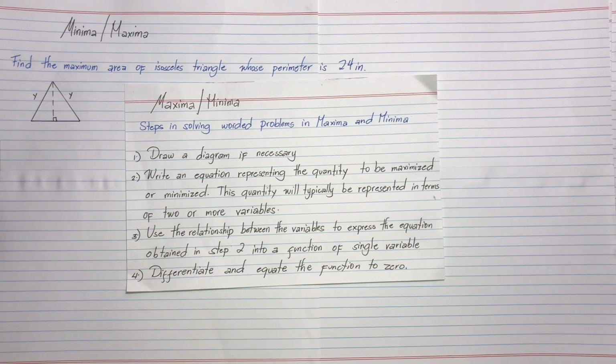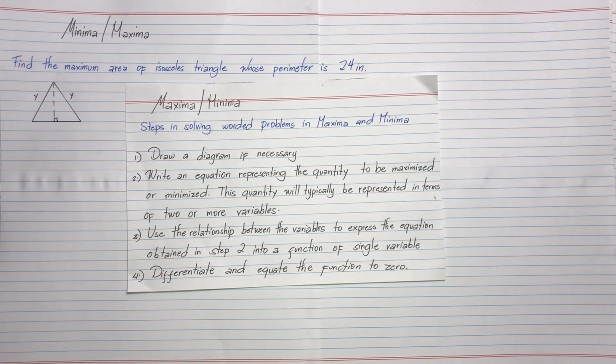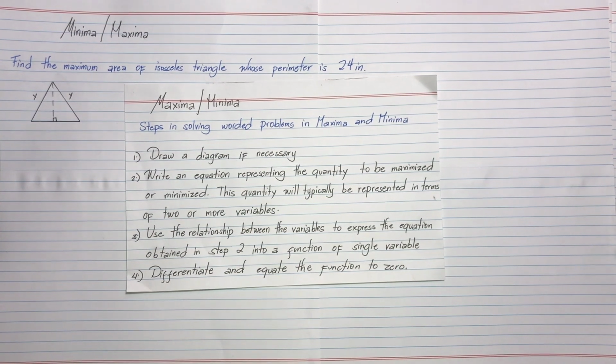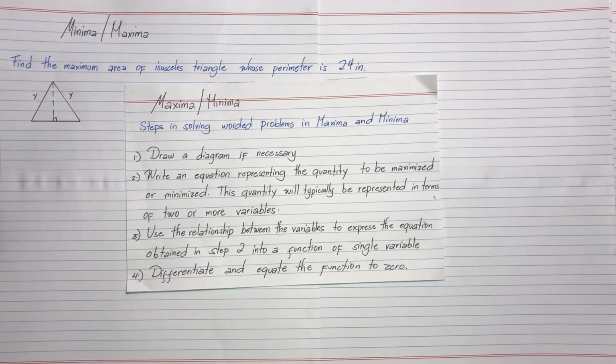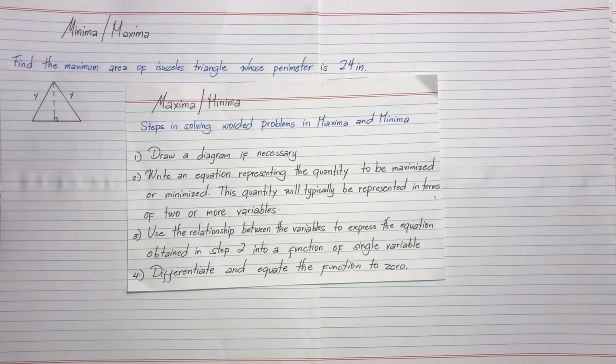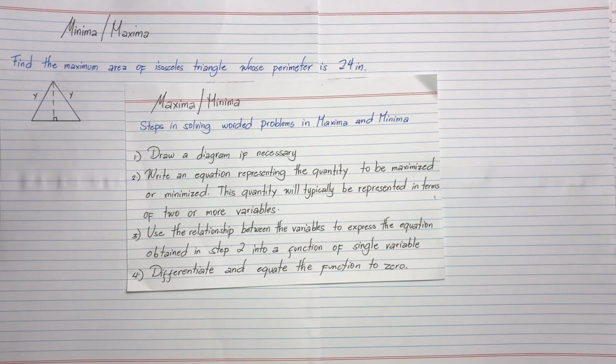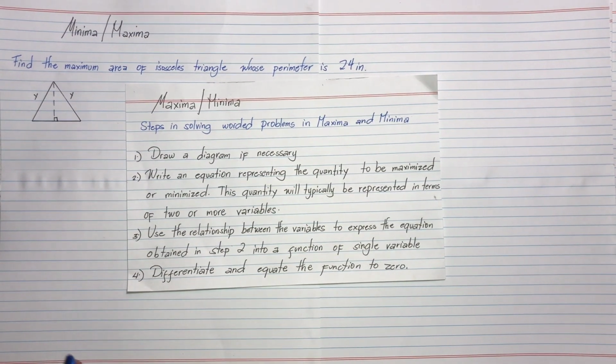Second, write an equation representing the quantity to be maximized or minimized. This quantity will typically be represented in terms of two or more variables. Then, use the relationship between the variables to express the equation obtained in step 2 as a function of a single variable. And last, differentiate and equate the function to 0.